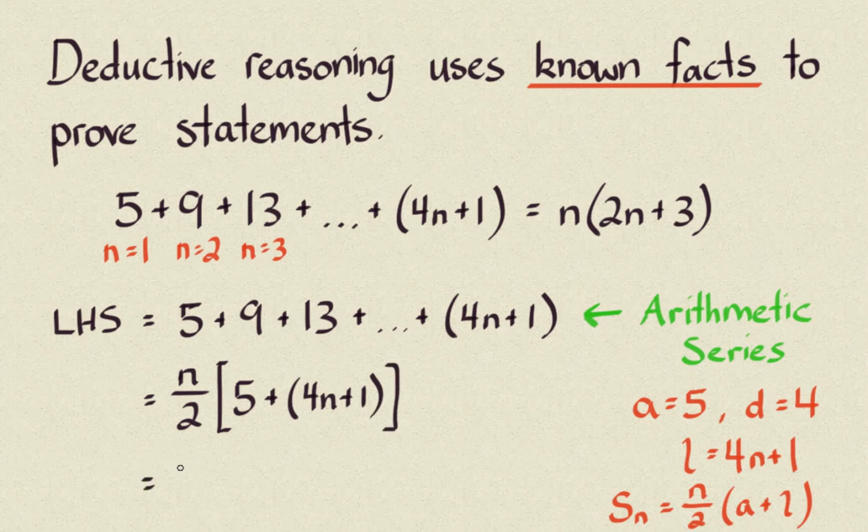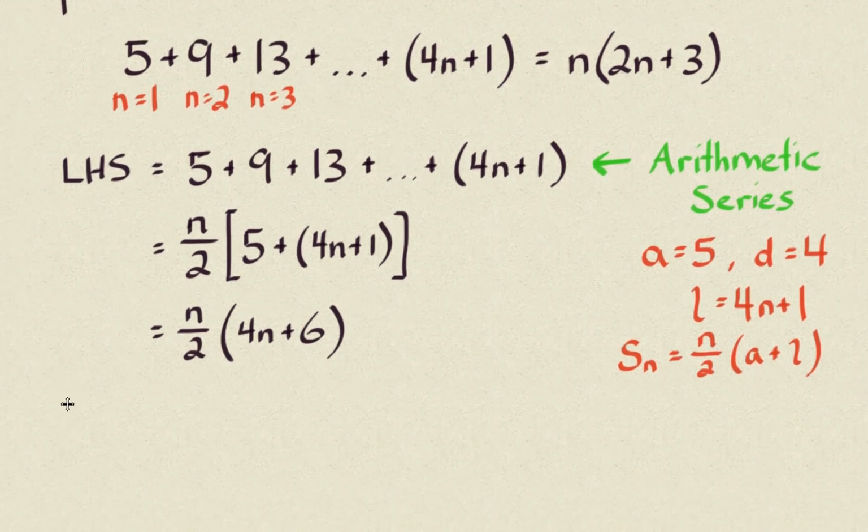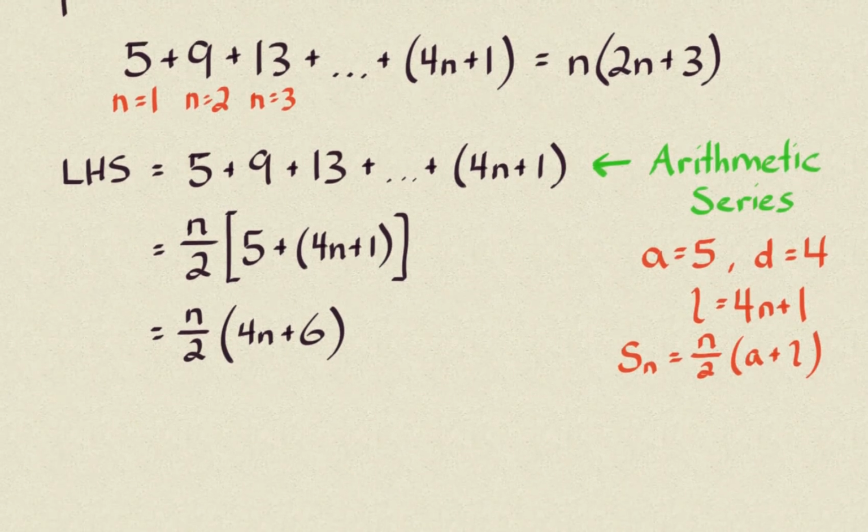Simplifying what's in the brackets, we get 4n plus 6. And when we drag out a common factor of 2 from within the brackets, we notice that the 2 and the half will cancel out, leaving us simply with n out the front and 2n plus 3 in the brackets.